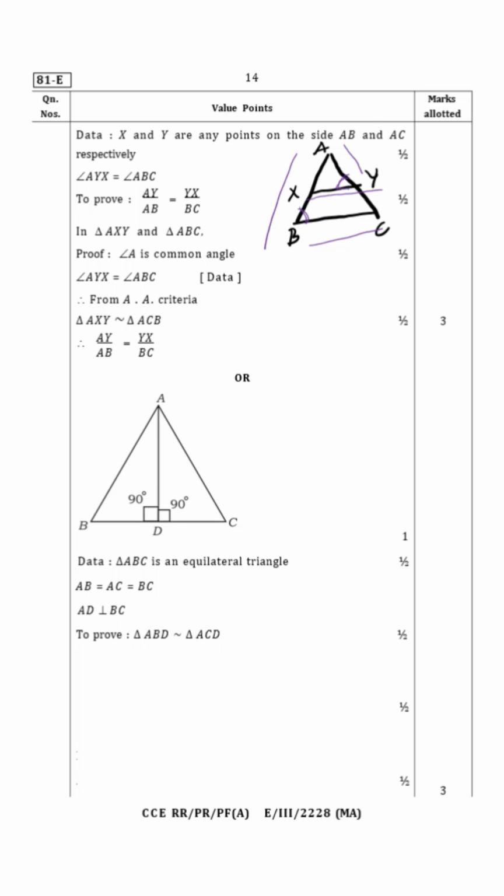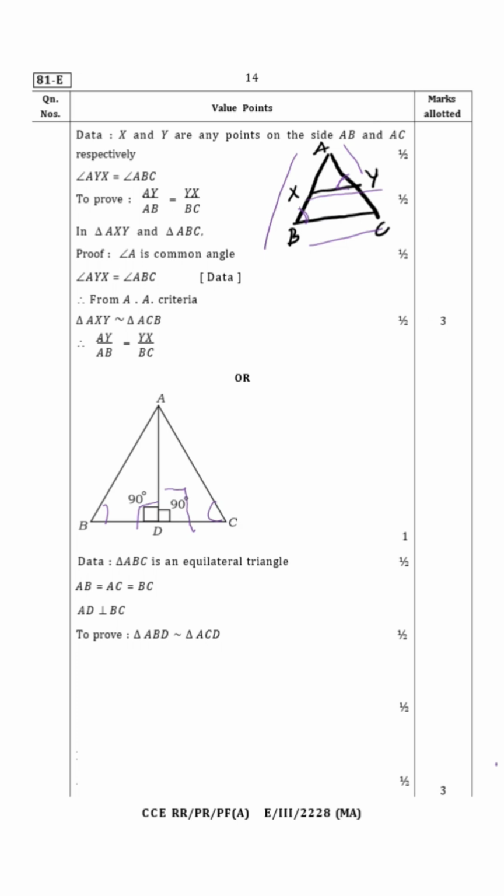So in triangles ABD and ACD, angle B is equal to angle C. This angle D is equal to this angle D. We are given that.